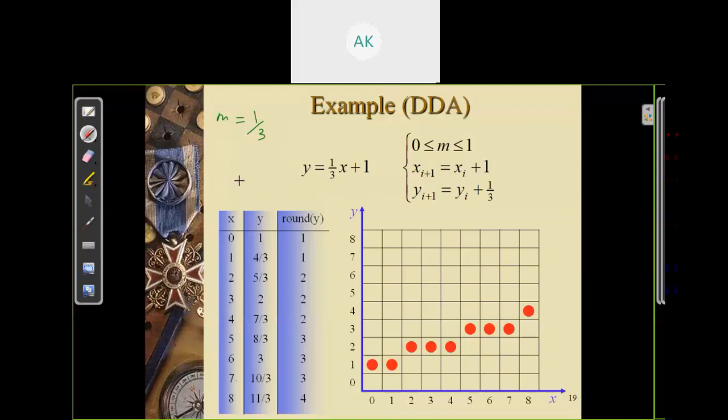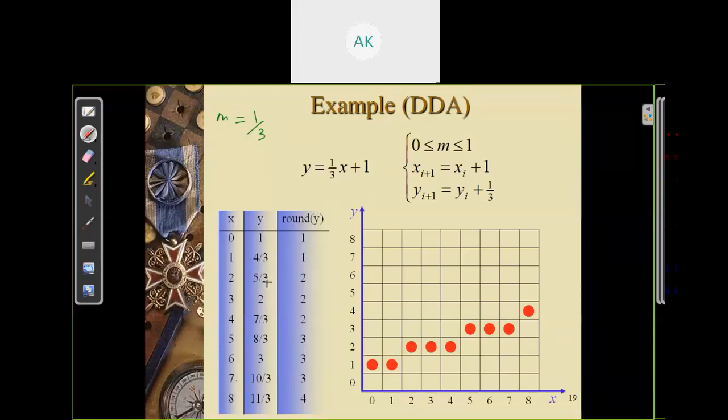Y will be the previous value plus the slope: 1 plus 1 by 3, which is 4 by 3, and apply round. 4 by 3 means 1.3, which after applying the round is 1.